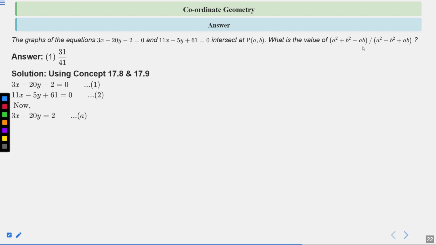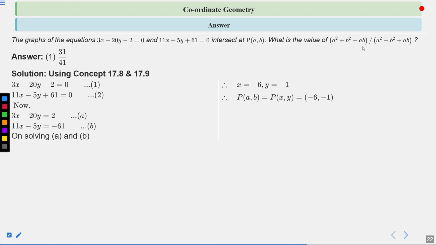In the same way, we can write 11x minus 5y equals to minus 61. This is equation B. On solving equations A and B, we get the value of x as minus 6 and the value of y as minus 1.